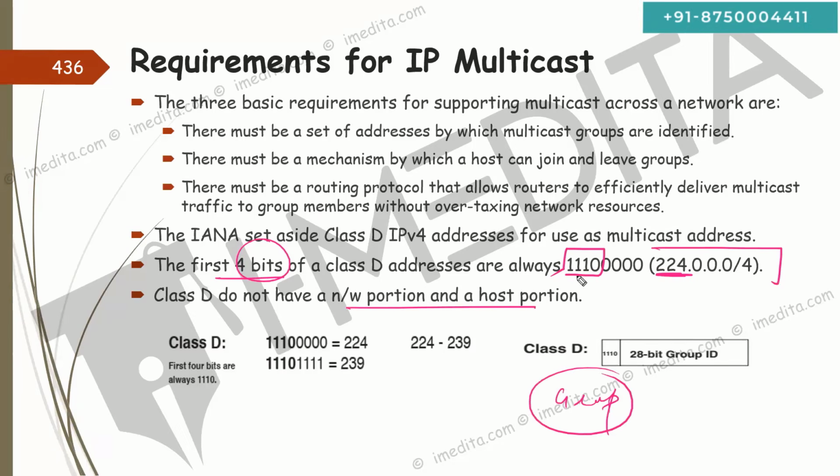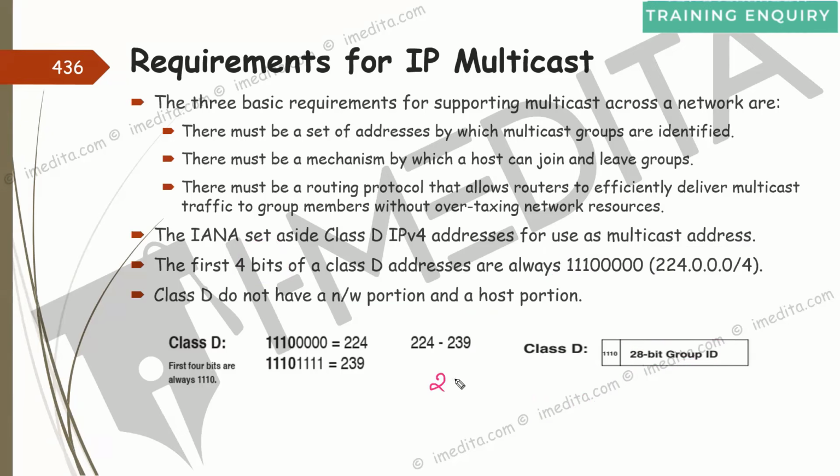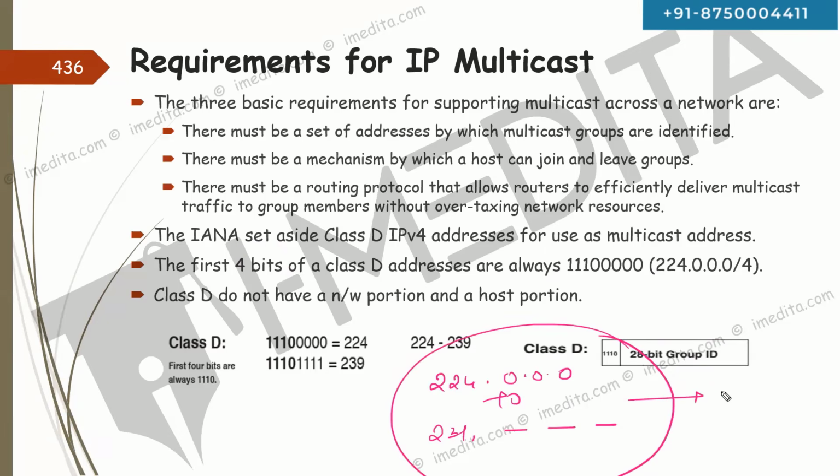That is why, after these 4 bits, the rest of the 28 bits in a class D address are known as the group ID, which gives me 224.0.0.0 to 231.255.255.255 number of multicast IPs, and each and every IP will represent a group of multicast receivers, a group of multicast group members.